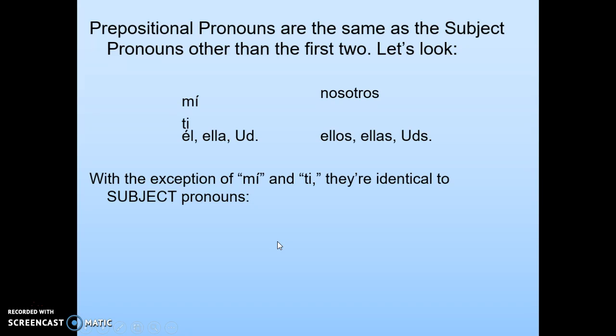So again, with the exception of mí and ti, they're identical to subject pronouns, right? Here's your subject pronouns, which we put in front of verbs. Here's your prepositional pronouns, which you put right after prepositions. And again, they're almost identical, other than the mí and the yo are different, and the ti and the tú are different. Not forgetting mí has an accent mark.